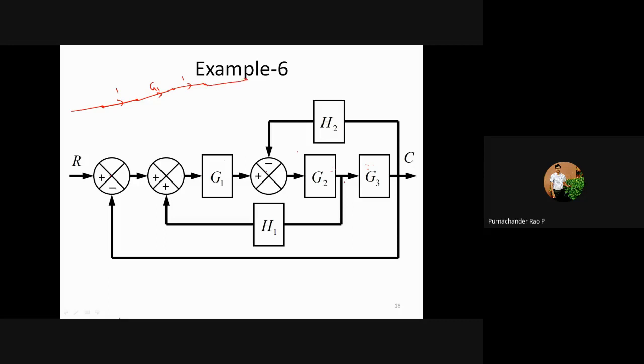Next G2, G3, and your output. So like this, we need to draw the signal flow graph. Directly you can get the transfer function. After finishing this block diagram method, we'll go through signal flow graphs again.